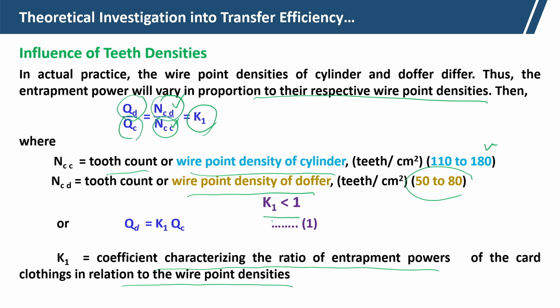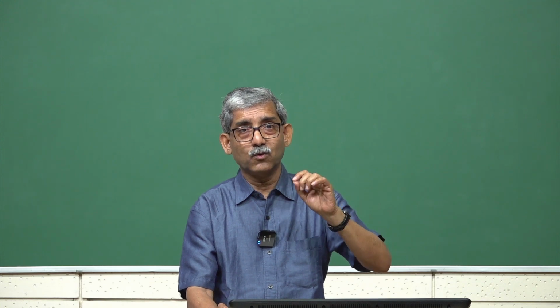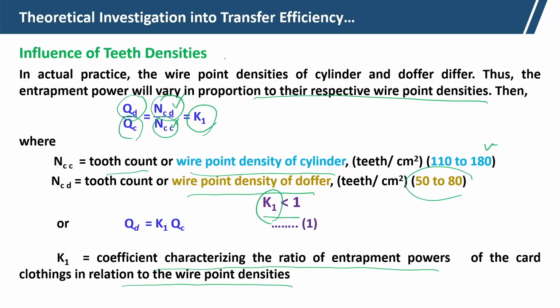So, K1 is the entrapment power ratio with respect to only the wear point density. If we talk about only the wear point density, then we calculate K1.